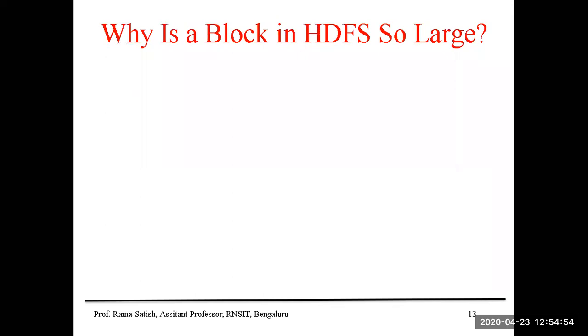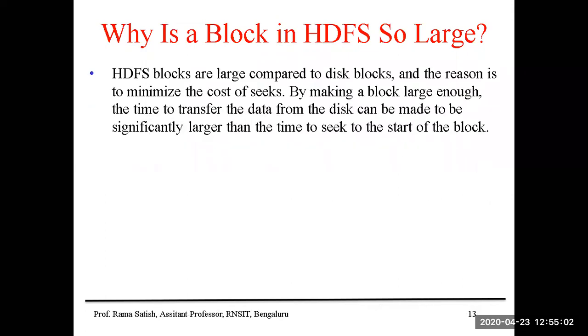Why is the block size maintained so large in Hadoop HDFS, the distributed file system? HDFS blocks are large compared to disk blocks. For a normal disk, a block is only 512 bytes, but in HDFS it is 64 MB. There is a huge difference. Why is that?